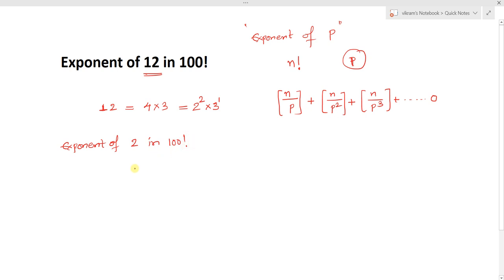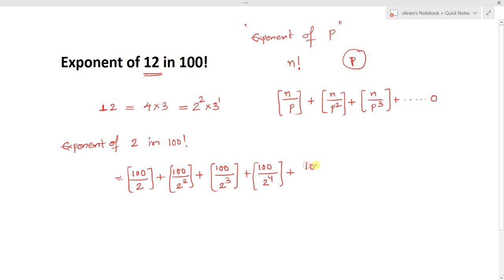So we obtain it as the greatest integer of 100 by 2, plus the greatest integer of 100 by 2 square, plus the greatest integer of 100 by 2 cube, plus the greatest integer of 100 by 2 power 4, that is 16. Then the greatest integer of 100 by 2 power 5.